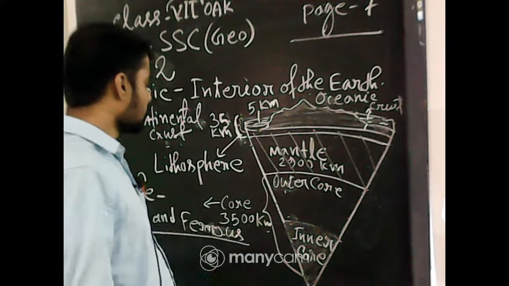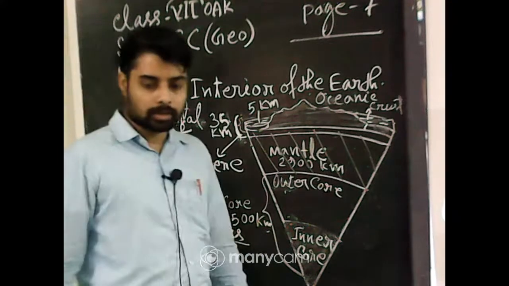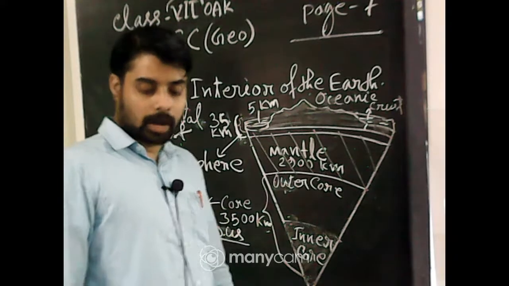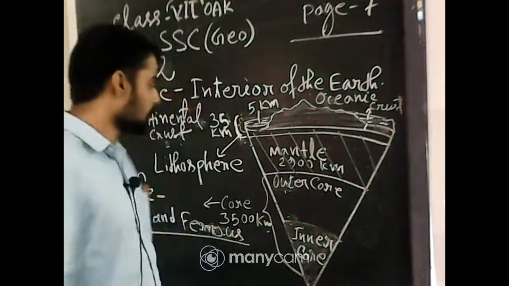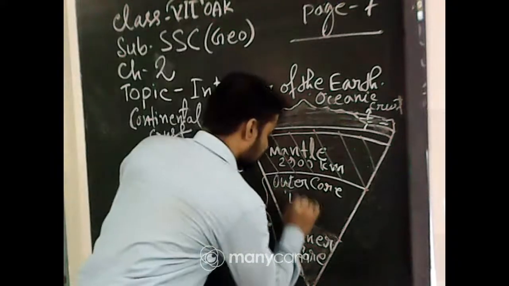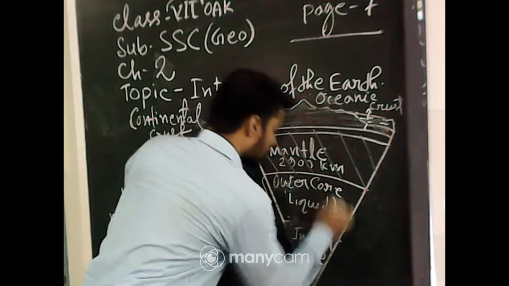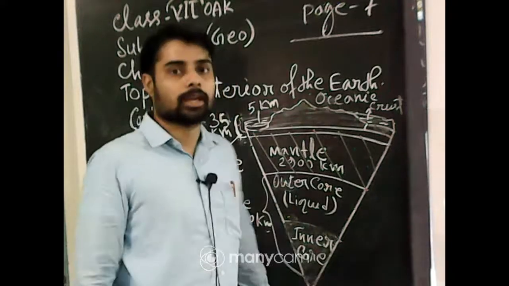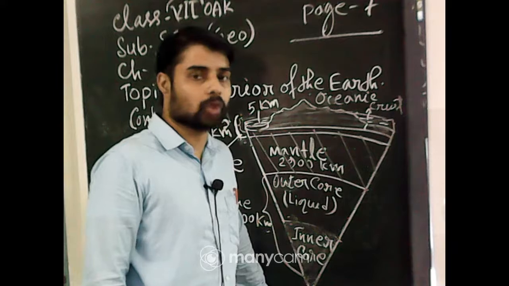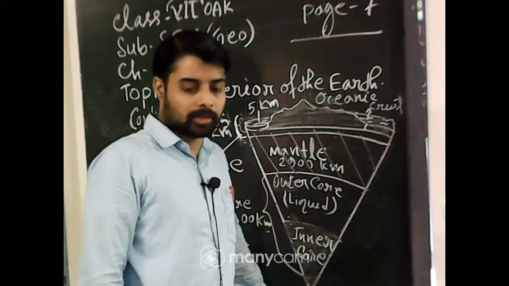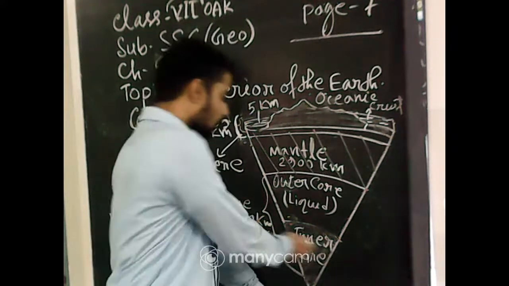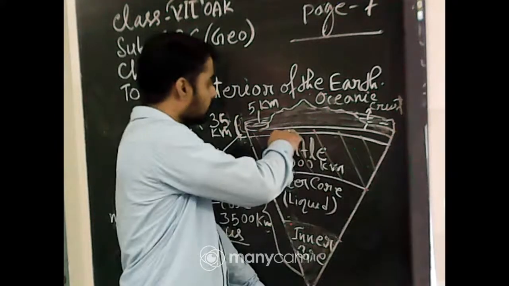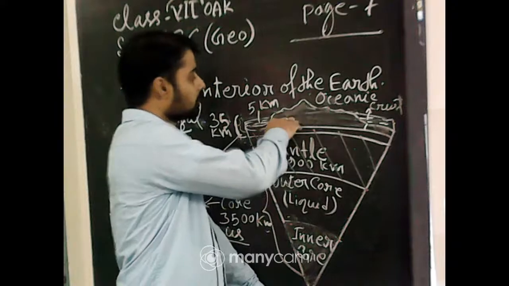So this is the inner core and outer core, and in the outer core all the metals are in a liquid state, and in the inner core everything is again in a solid state. So it is solid, it is liquid, it is again solid, it is again plastic, it is solid.